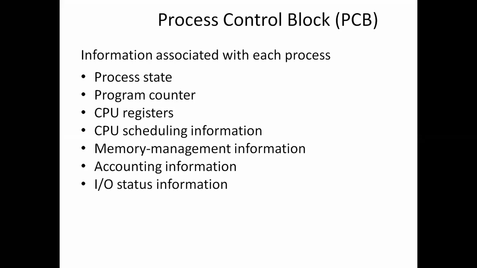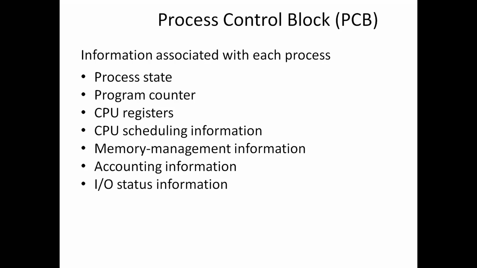I will explain you while discussing interprocess communication and all. Next is CPU scheduling information. This includes the process priority, pointers to scheduling queues, or any other scheduling parameters. The process control block will hold this information also.